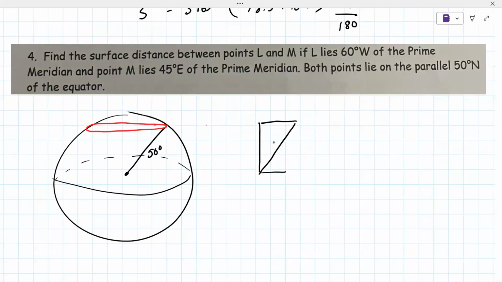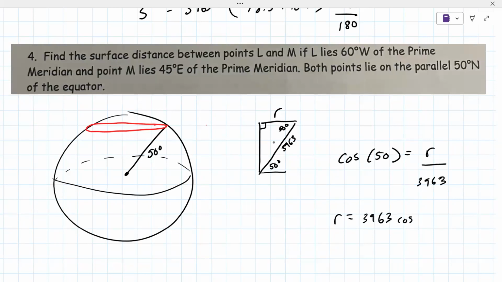If this is 50 degrees and this is 50 degrees, we know that this is 3963. We can figure out the radius there, just like the previous problem. Cosine 50 equals R over 3963, so the radius is 3963 cosine 50. That's the radius of this red circle.